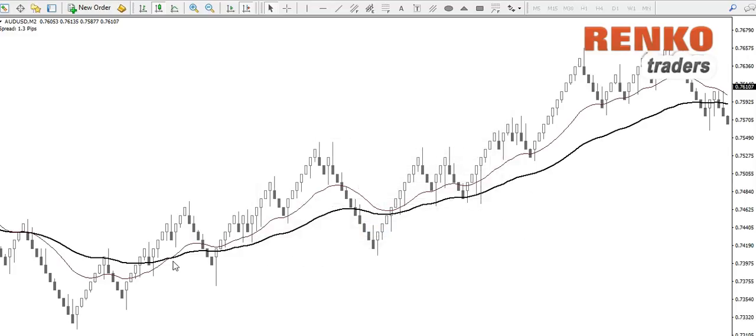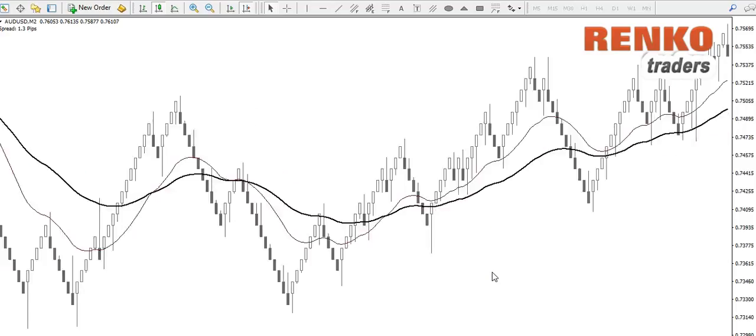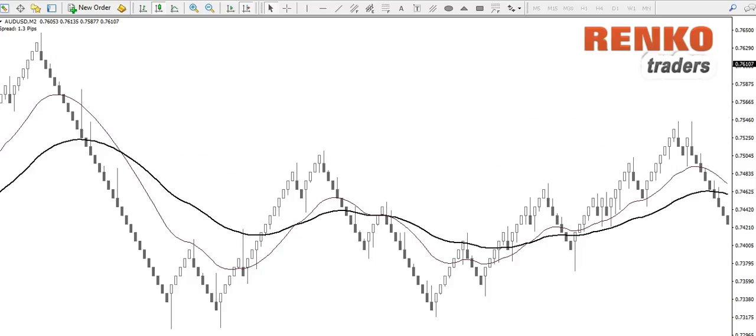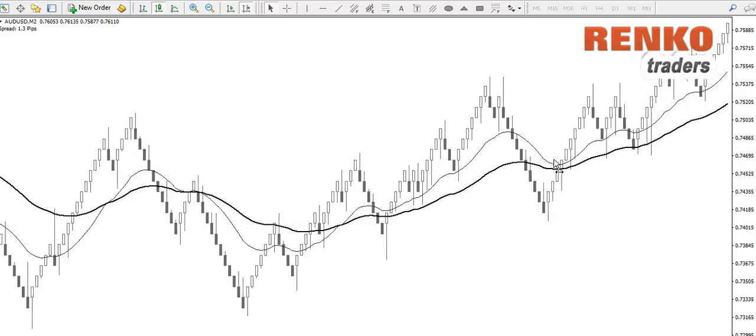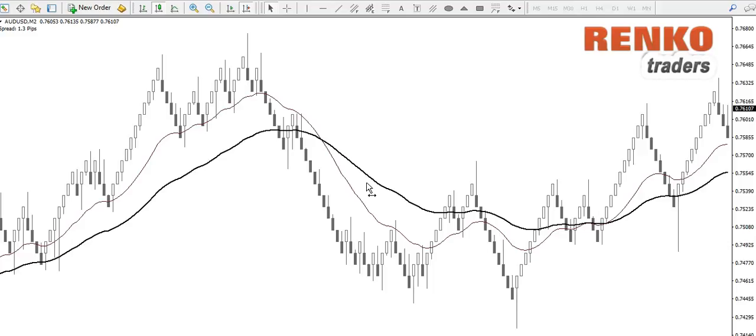Okay, so now that you've got your 50-20 EMAs lined up on the chart, you can clearly see that the trend is up or down. Once you have a trend that's formed, like right here, which is a downtrend, you find your reference points and plot the Fibonacci channel.